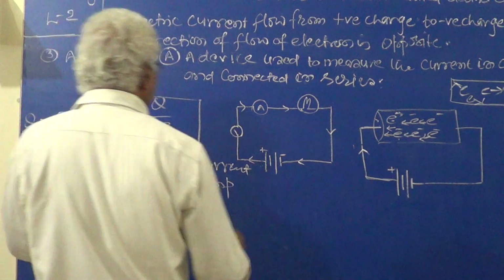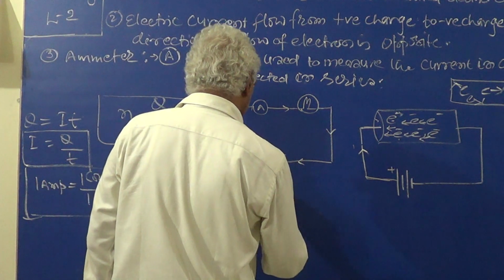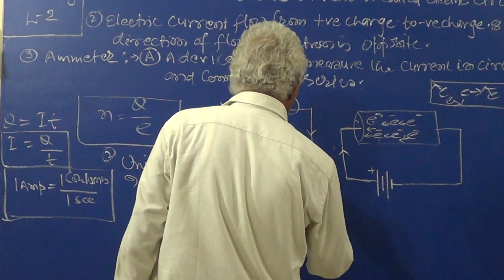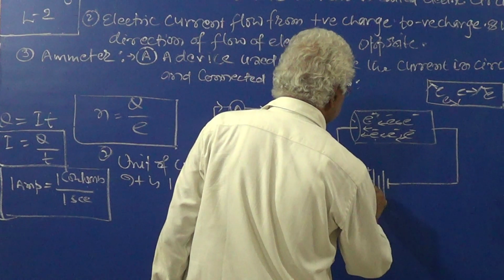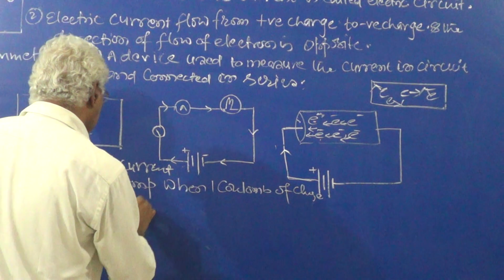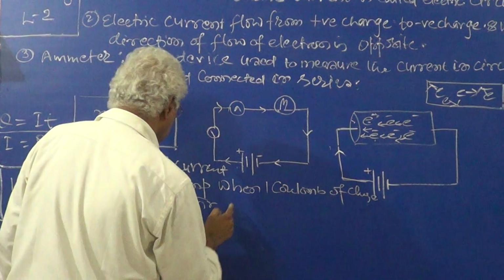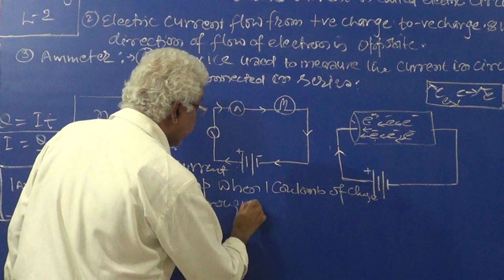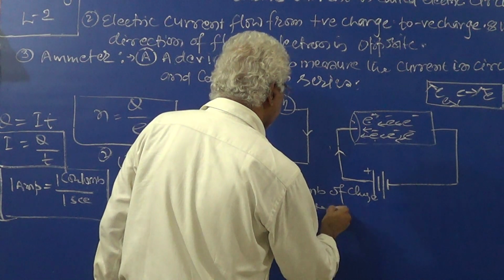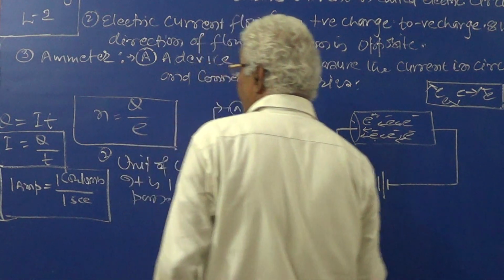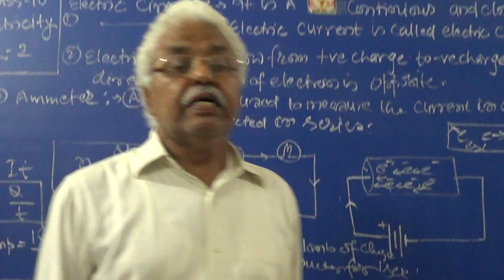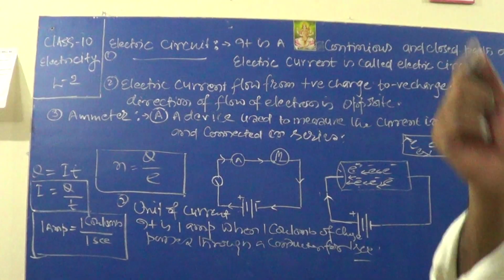Unit of current is ampere. 1 ampere when 1 coulomb of charge passes through a conductor for 1 second. So this becomes your second question answer.